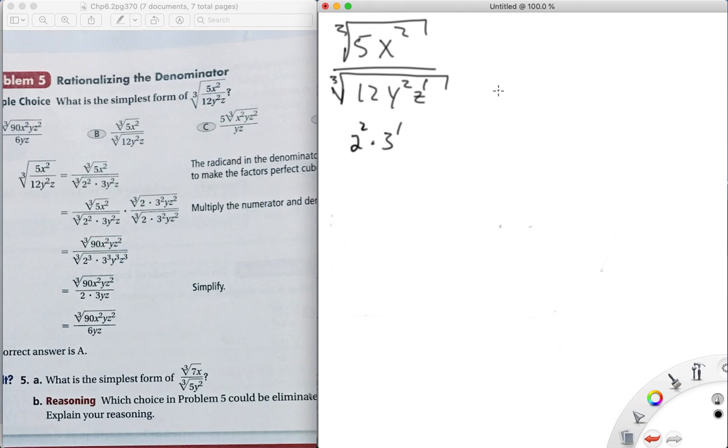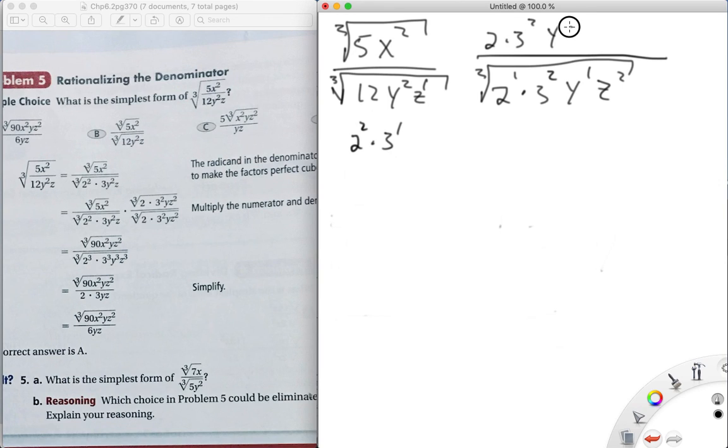I'm going to multiply this by 2 to the first power, 3 to the second power, y to the first power, and z to the second power. This is going to be cube root. What I do to the bottom, I must do to the top. So this is also being multiplied by those same numbers: 2, 3 squared, y, z, and this is cube rooted.